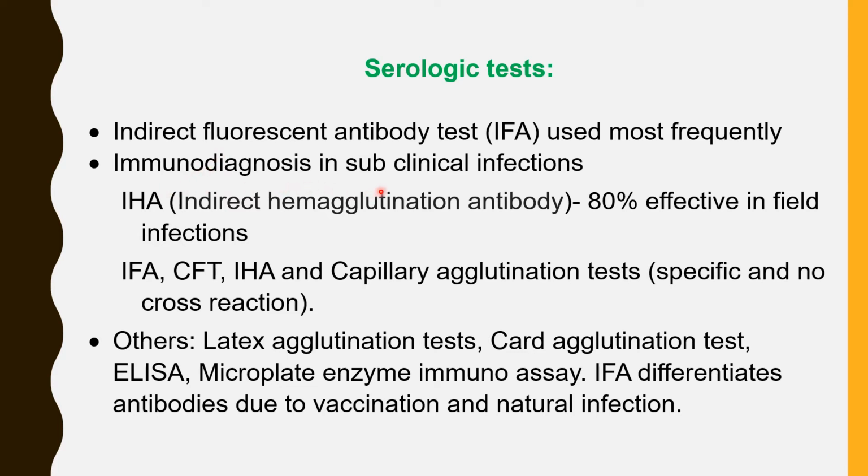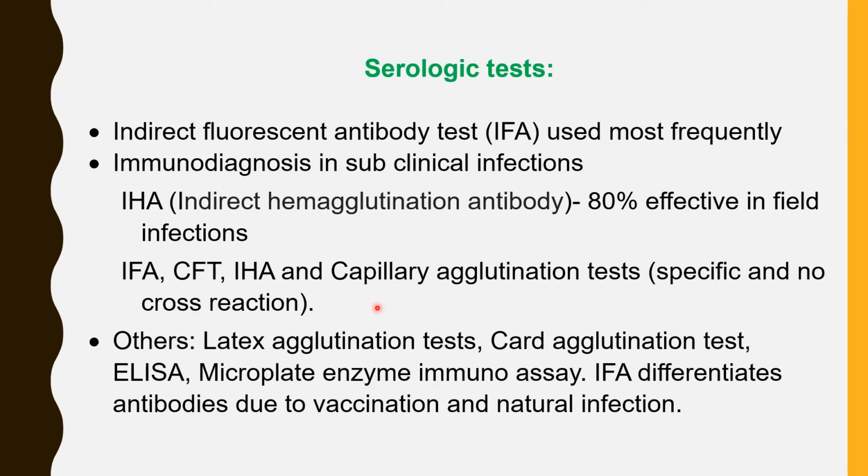Immunodiagnosis in subclinical infections can be done by IHA, indirect hemagglutination antibody, and it is 80% effective in field infections. The IFA, complement fixation test, IHA, and capillary agglutination test are very specific and no cross reactions are observed.